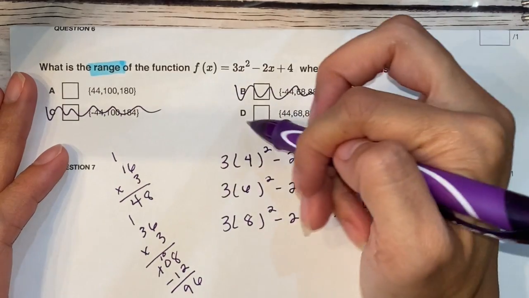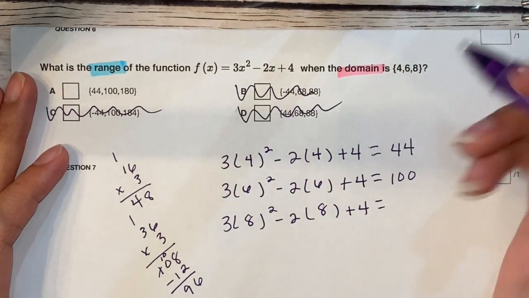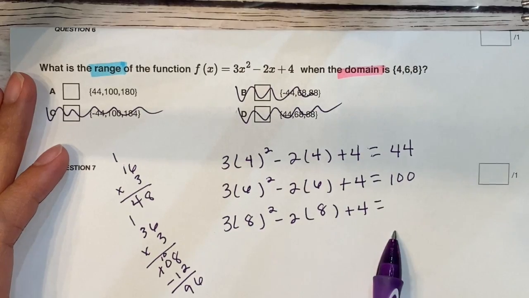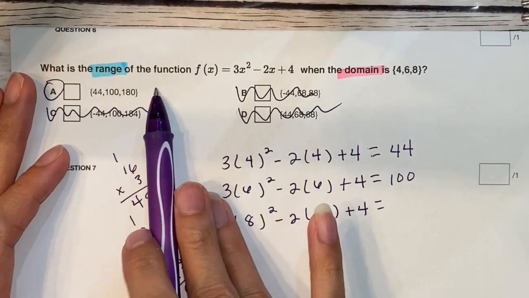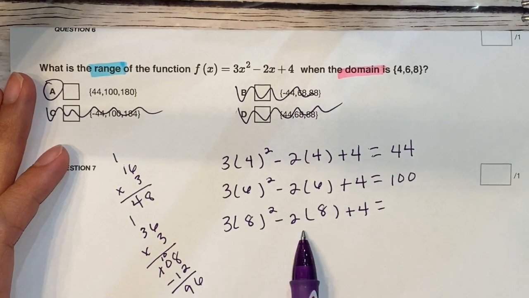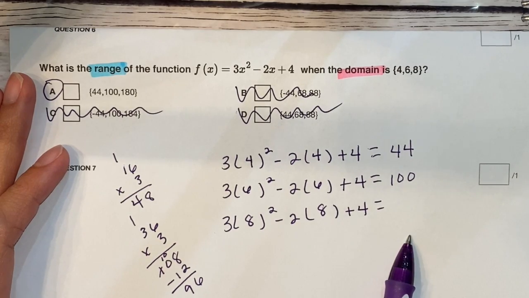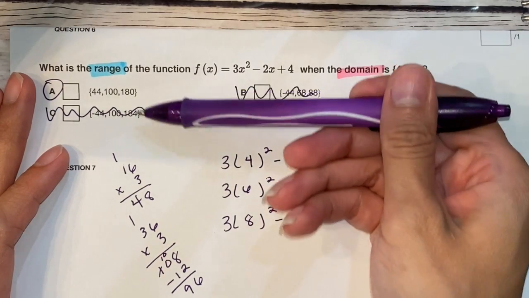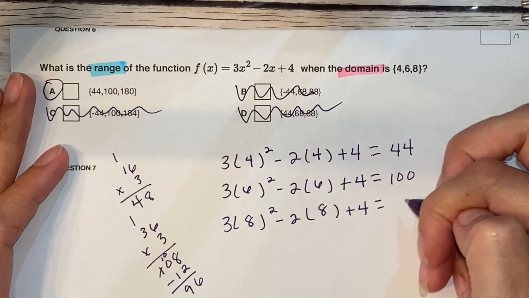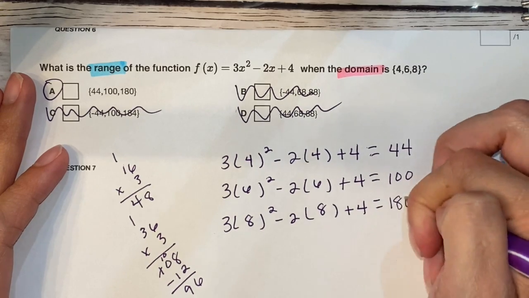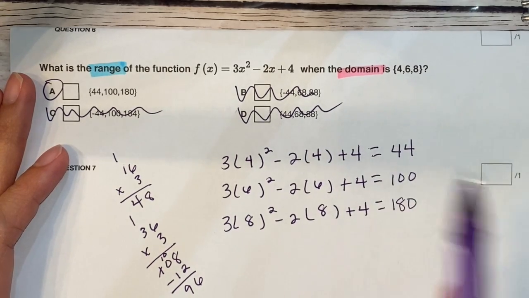Okay, so then cross that one out, and I don't have to do the last one. You can if you want to, but I can see that it's going to be 180 because that is my other choice. And actually, I would go ahead and do that one just in case. You never know. On the test, you may end up with all wrong answers, and then you can just tell me and I will let you know if that's right. But I already know this is 180, so we're good to go there.